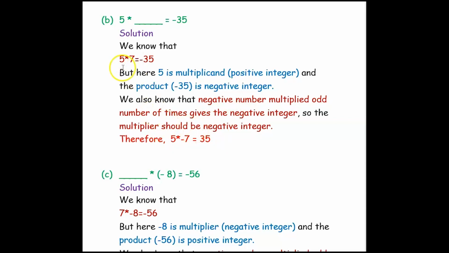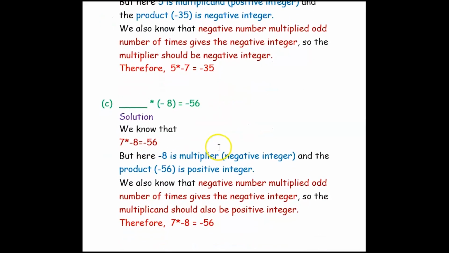So here 5 is positive, so the blank should be negative 7, such that the product will be a negative integer. So 5 into negative 7 is negative 35.